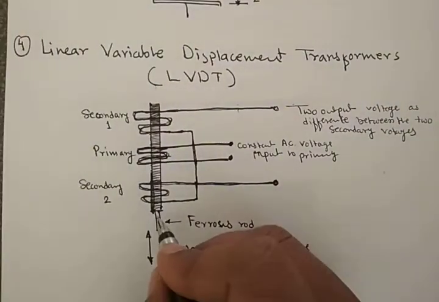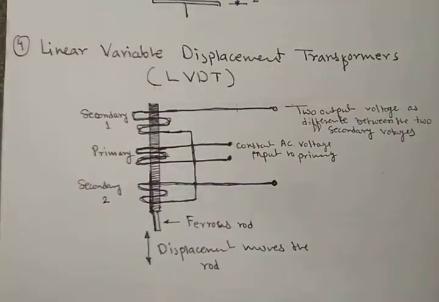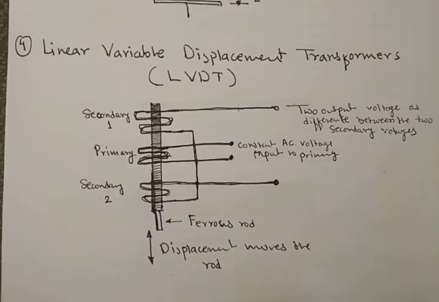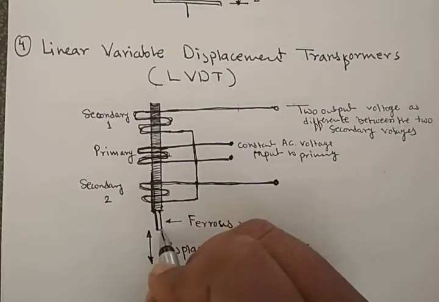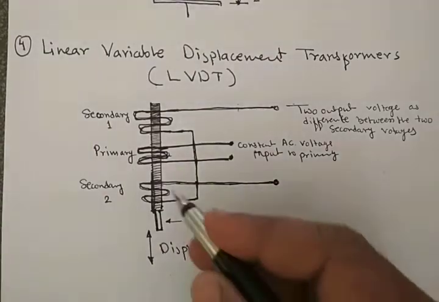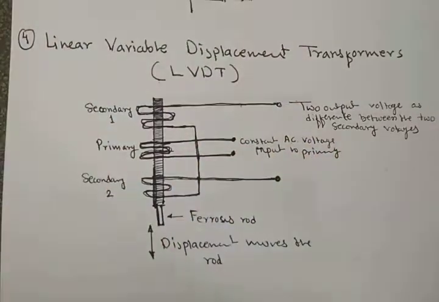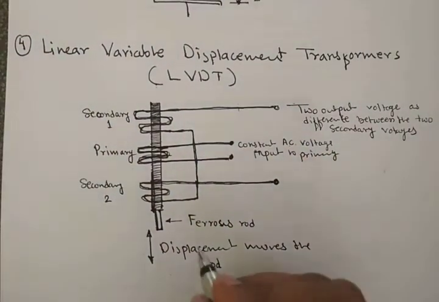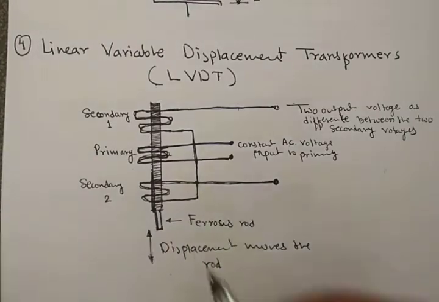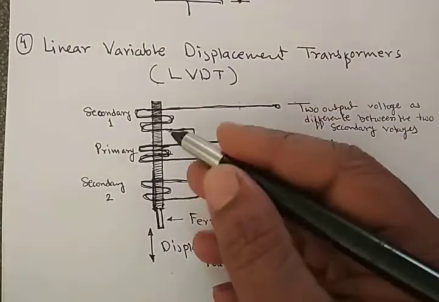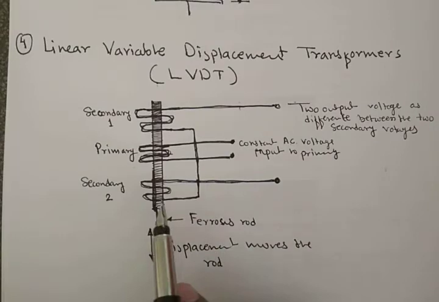And this is the ferrous rod, which moves or slides within the coil. When that rod slides within the coil, what will happen? The voltage will get changed. And how can we measure it?